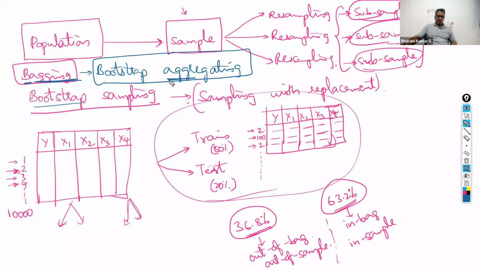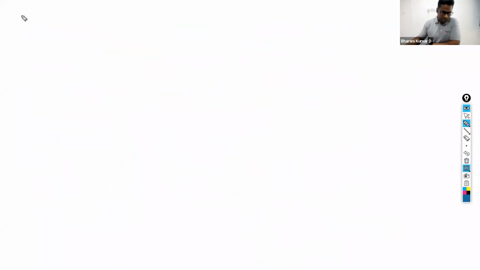AGG is for aggregating. So how does it work when it comes to bagging? Bootstrap aggregating.